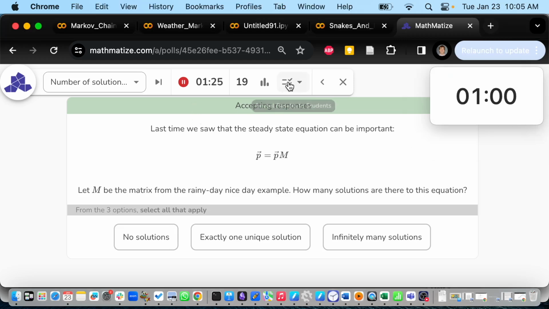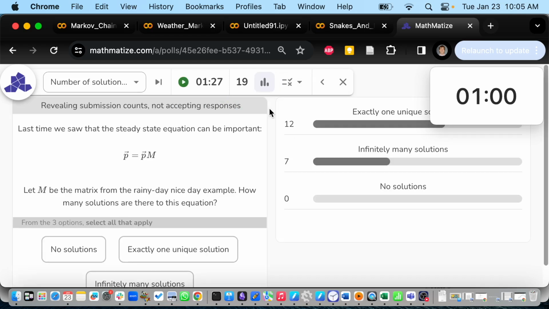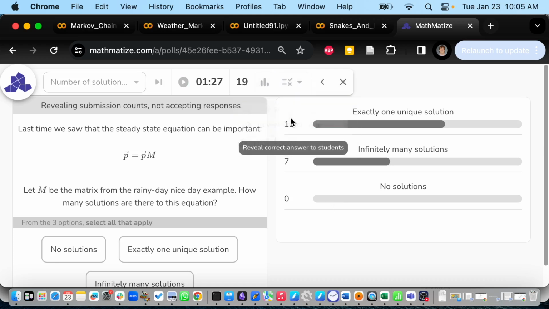After revoting, more people are in exactly one. Before it was like a 50-50 split, and you discussed for a little bit, and some people who said infinitely many moved to exactly one, and that is wrong. There are infinitely many solutions. So you got less good after chatting. I'm not sure what happened.